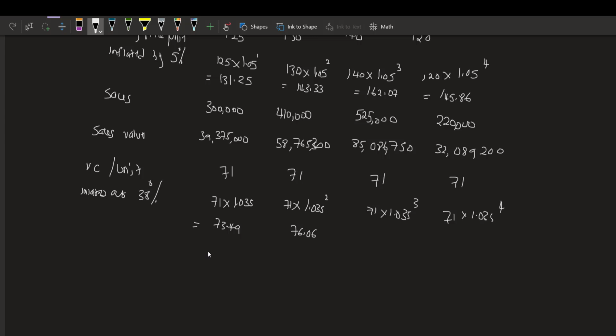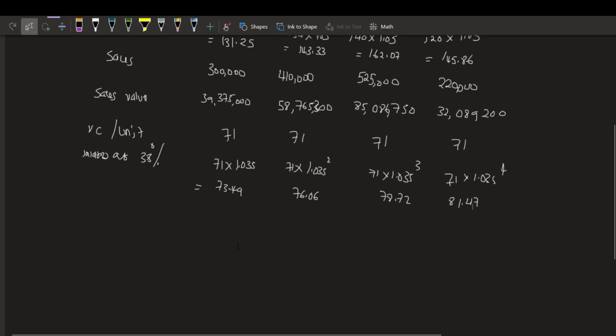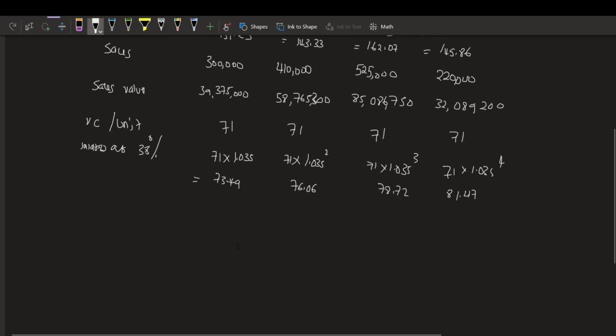Next we have 78.72. Next we have 81.47. That's it. Now to get the total variable cost, we'll go ahead and multiply with the number of units.